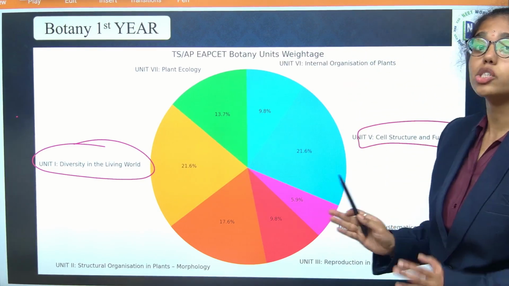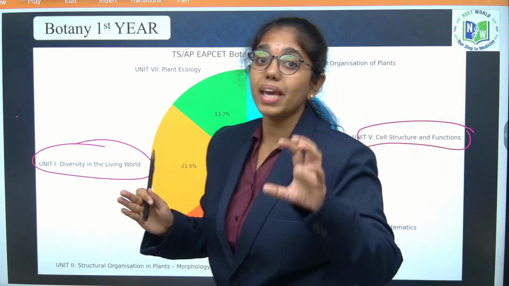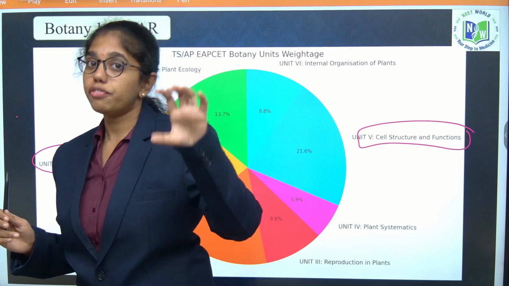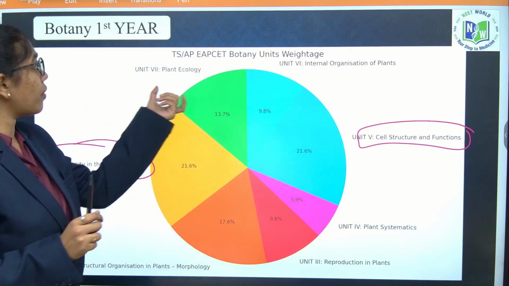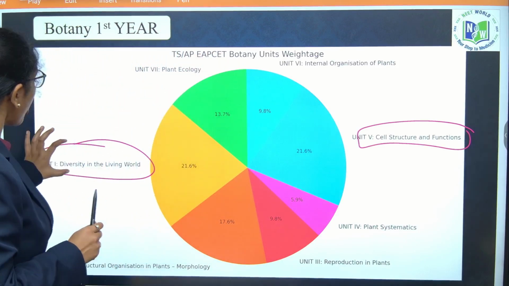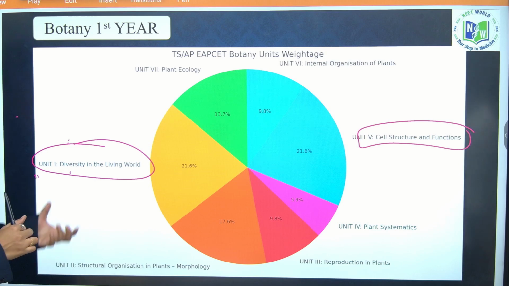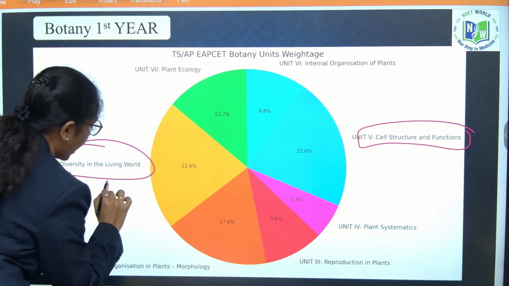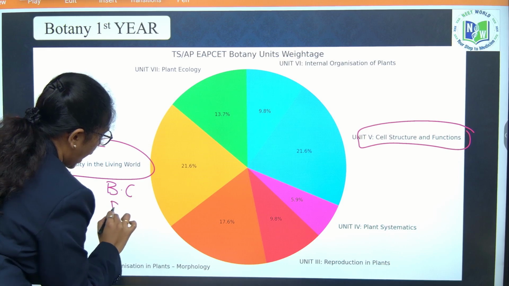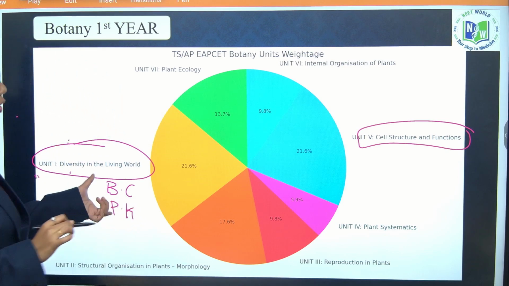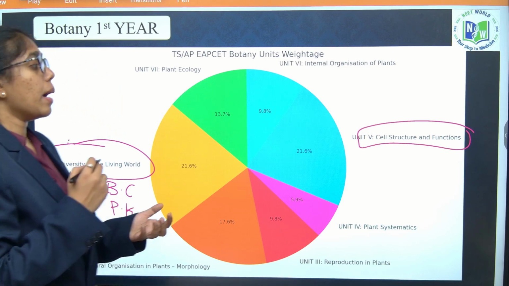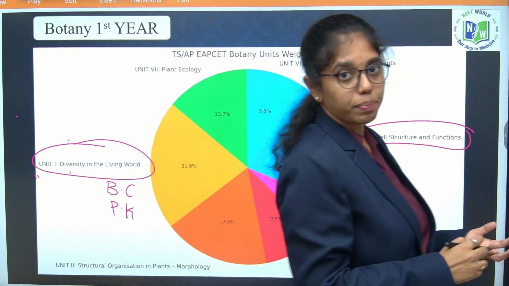These two units occupy the major weightage in your first year Telugu Academy syllabus of botany. What chapters do you have to cover majorly from diversity in living world? You have to look into biological classification and plant kingdom.